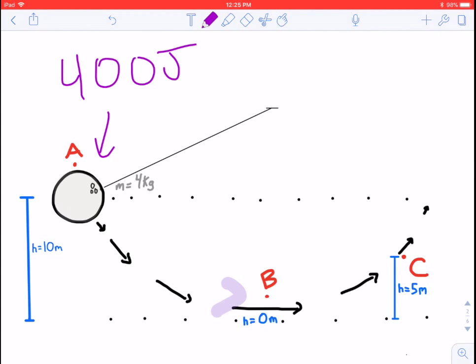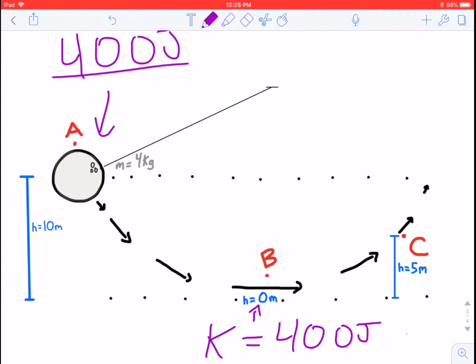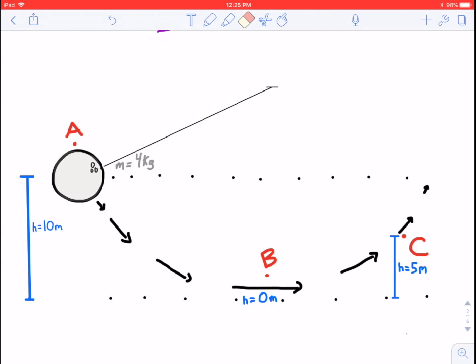The conservation of energy states that energy cannot be created or destroyed, only transformed or transferred. In this case, all of its gravitational potential energy has transformed into, you guessed it, kinetic energy. So if it has 400 joules at the top, it should have 400 joules at the bottom.